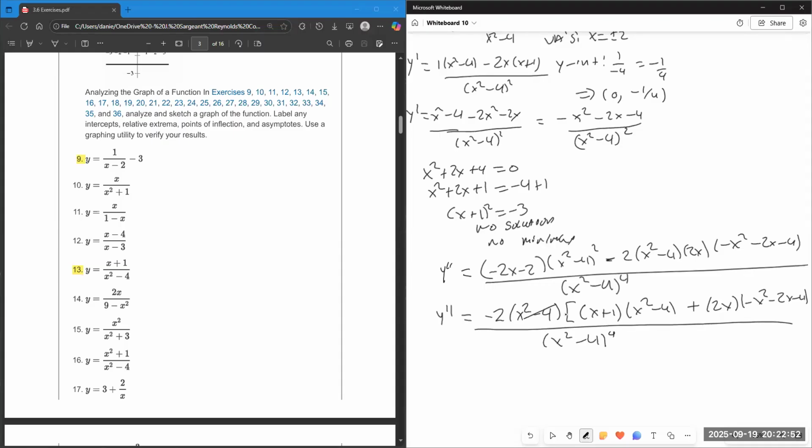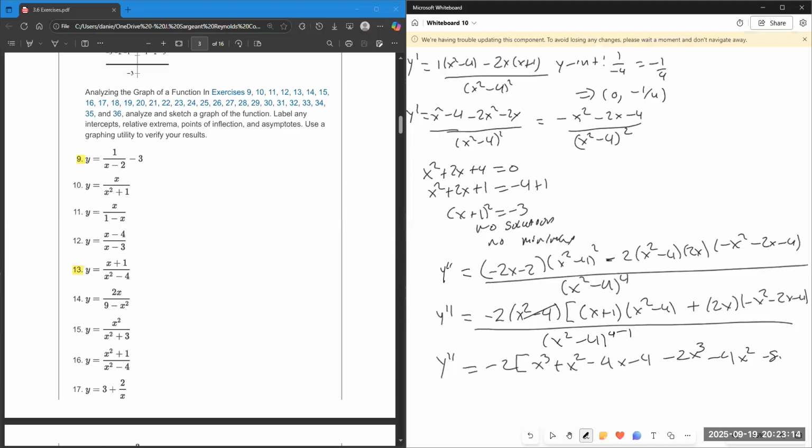So one of those comes out. Y double prime is negative 2 times x cubed plus x squared minus 4x minus 4 minus 2x cubed minus 4x squared minus 8x over x squared minus 4 to the third.